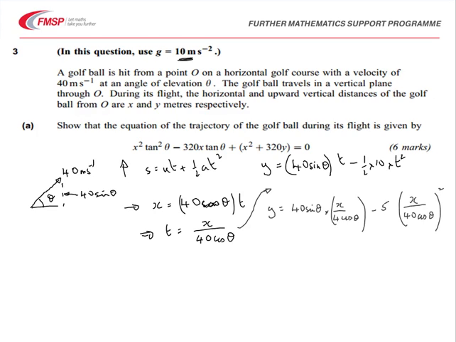Just sorting that out a little bit, the 40s cancel out, and then we've got sine theta over cos theta, so that's tan theta. So the first part is x tan theta.